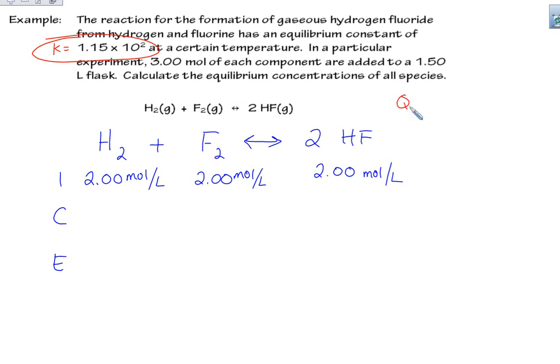Okay, so Q looks just like K, but we use initial data.